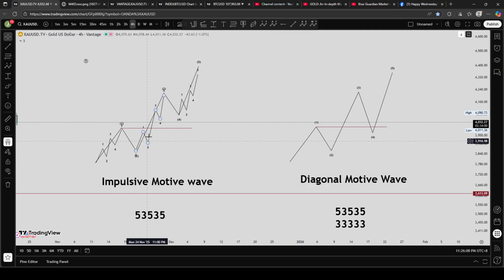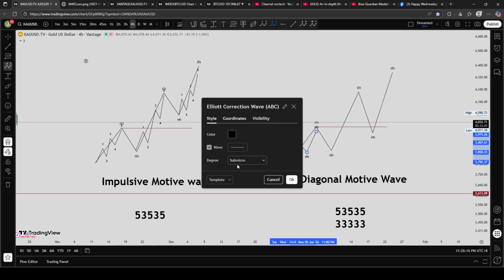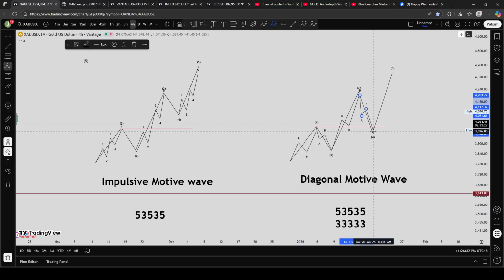Instead of 1, 2, 3, 4, 5 as the internal waves of waves 1, 3, and 5 in a diagonal motive wave using the 3-3-3 pattern, we can use 5 sets of ABCs like this one. So the structure is called a 3-3-3-3-3 pattern because the internal waves are composed of 5 sets of ABCs, just like this one.